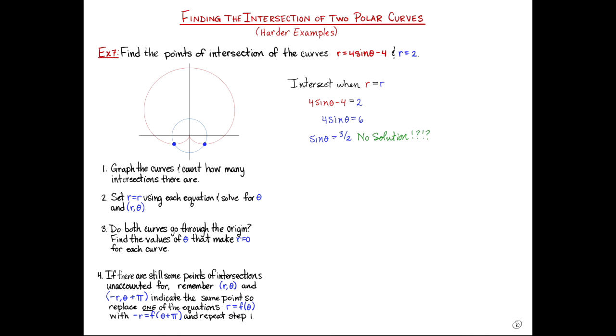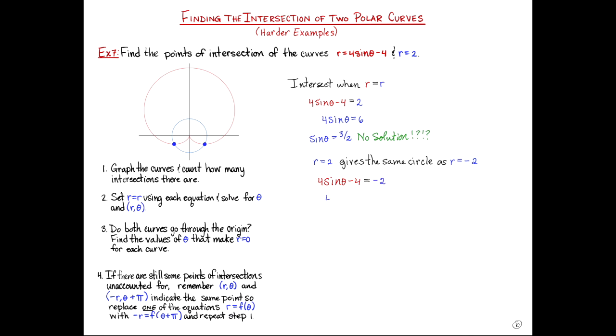Thinking back to last week's lecture, where we graphed the circle r equal to 2, we had said that r equal to 2 gives the same circle as r equal to -2. So let's set 4 sine theta minus 4 equal to -2.